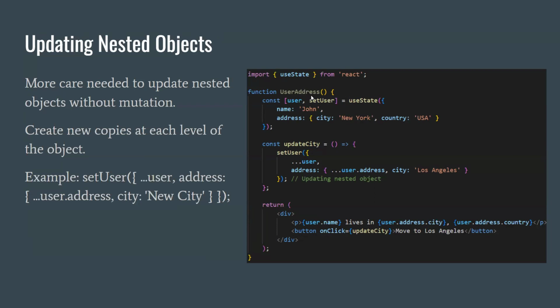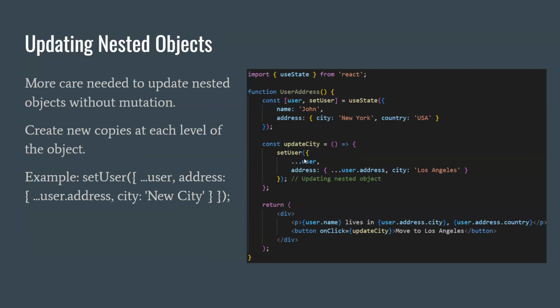So here's the user address component. In the user address component, we create state. We have an object that contains name and address properties, and inside the address property, we have another JavaScript object that contains city and country properties. So if we want to update city, then we will have to use spread syntax for each level.